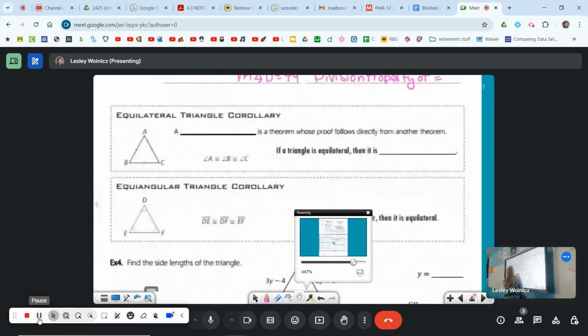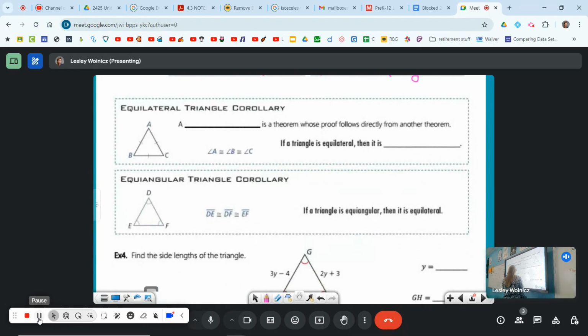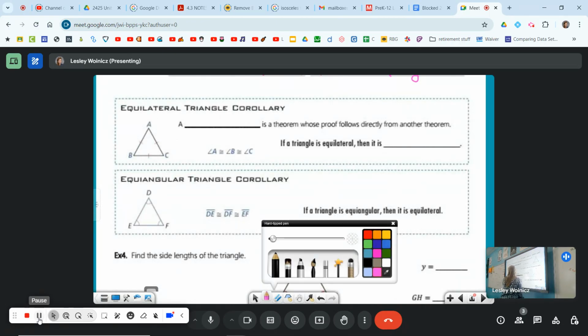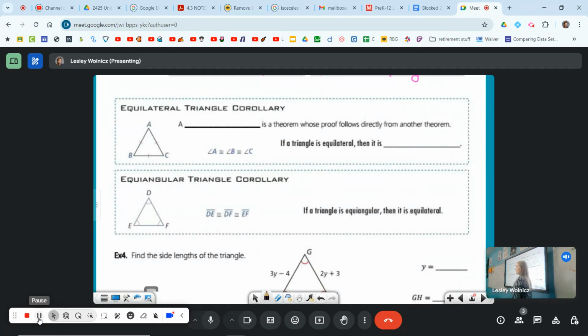All right, so remember that corollaries are fun little logical extensions from theorems that we already know. So a corollary is a theorem whose proof follows directly from another theorem. So they're kind of like little freebies.